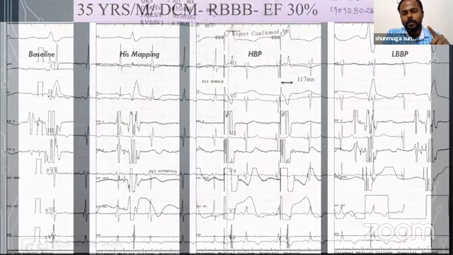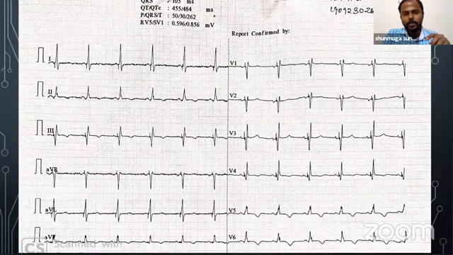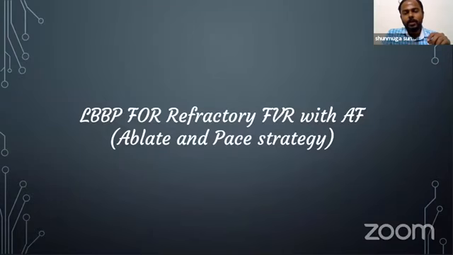This patient with a baseline QRS of 160 milliseconds was narrowed to almost 100 milliseconds, and again we could show a significant improvement in ejection fraction. So even in RBBB, we can clearly show improvement in LV contractility, LV ejection fraction, and NYHA functional class if we capture the left bundle.